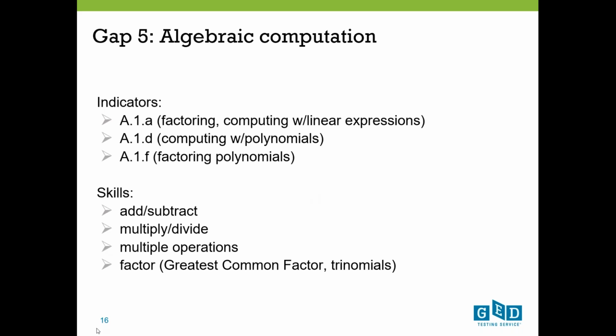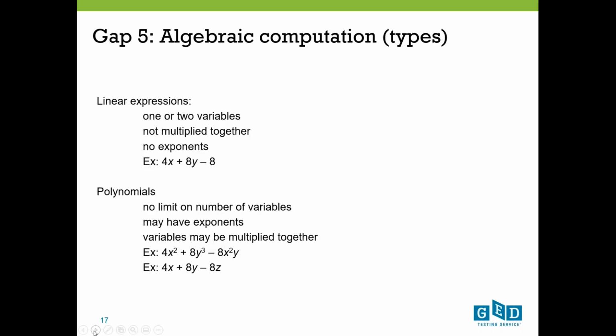The skills are pretty much the 4 basic operations. There's adding and subtracting, there's multiplying and dividing, there's items that you have to do more than one of those, 2 or 3 or 4. And then there are 2 types of factoring, one involving greatest common factor and one involving trinomials. So next slide, please.